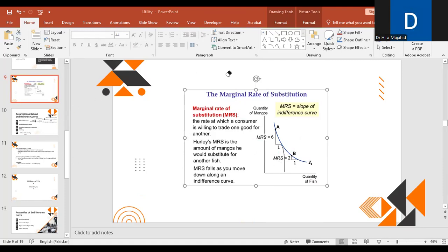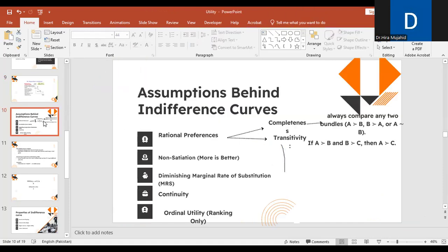And the next slide is about the assumptions. There are some assumptions behind this indifference curve. The consumer is rational. Completeness and transitivity.